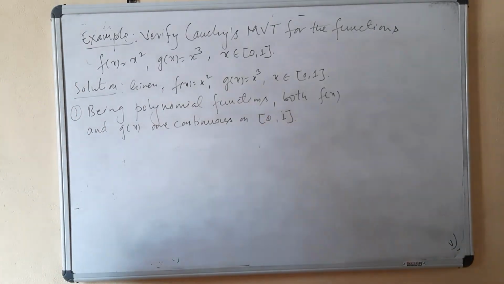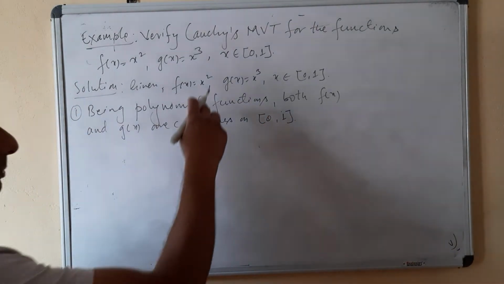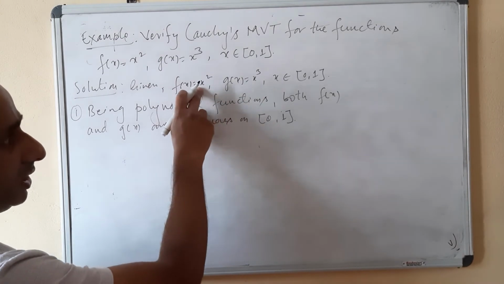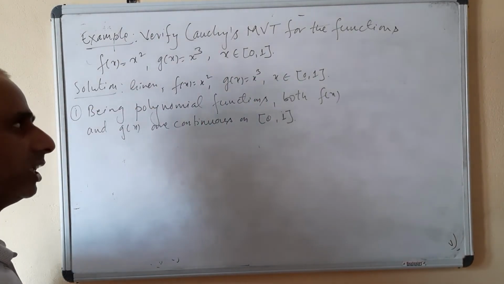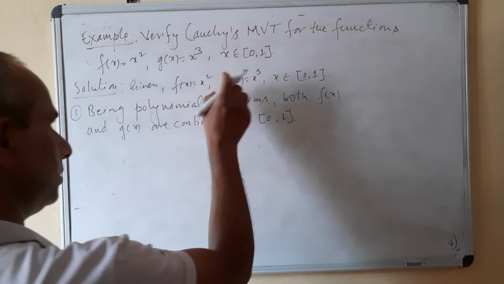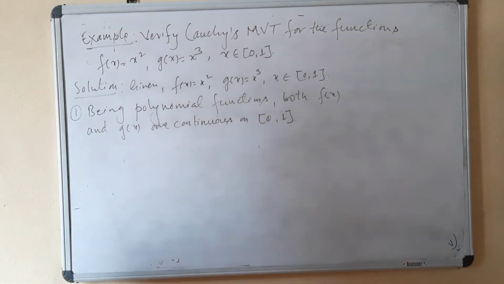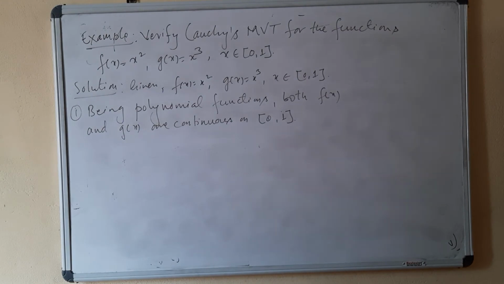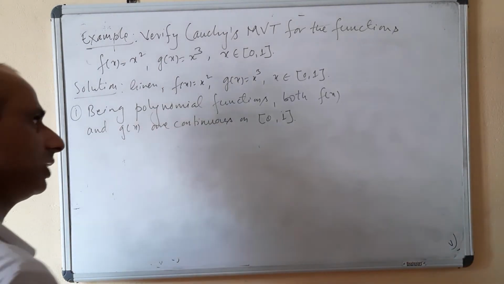This is a polynomial of degree 2, this is a polynomial of degree 3. In polynomial functions, the variable will have only whole number power, so this polynomial function will be defined throughout the real line. So being polynomial functions, they are continuous on closed interval 0, 1.